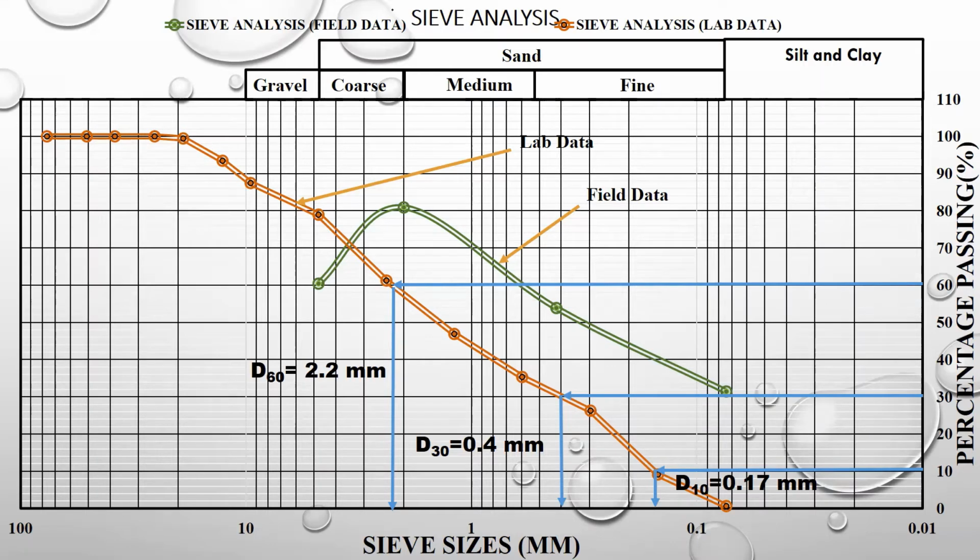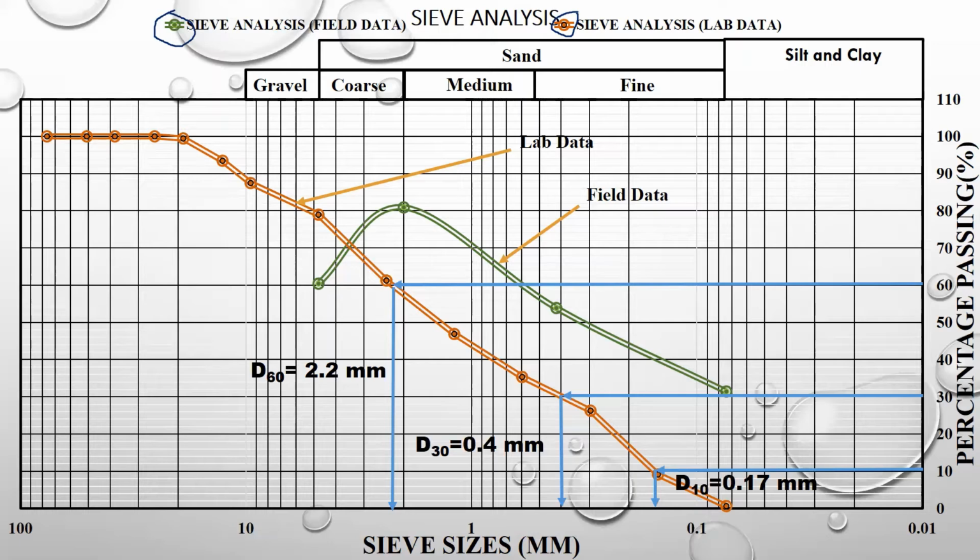Now you can see this is the sieve analysis graph, and I have labelled it here as well. If you can see this line, the green one, sieve analysis field data, this green line is showing the sieve analysis, and this orange line is showing the sieve analysis for the lab data. So it's a legend, so you have to select legend in the chart.